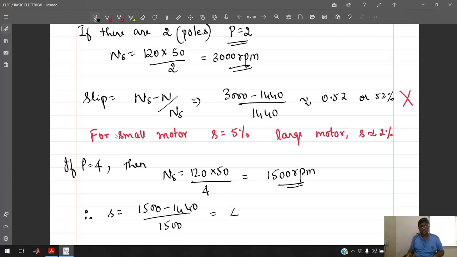So you are going to get 0.04, which as a percentage is 4%, within the admissible limits. This means the number of poles in the induction motor should be 4, and the slip is 4%. So this is how you attempt these kinds of problems.